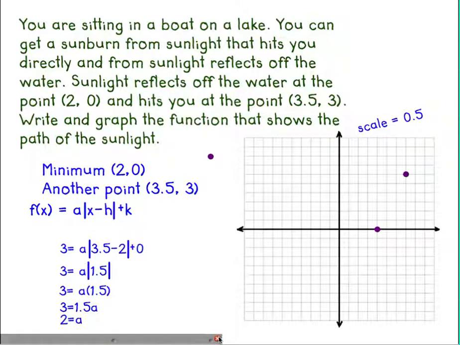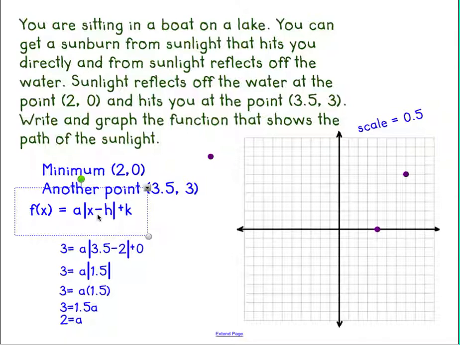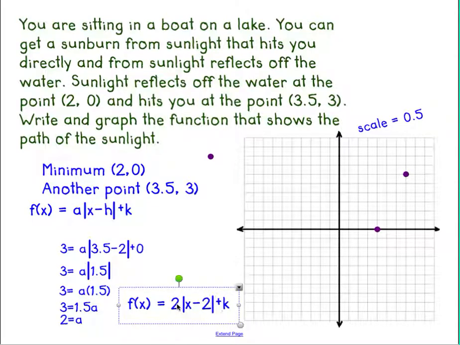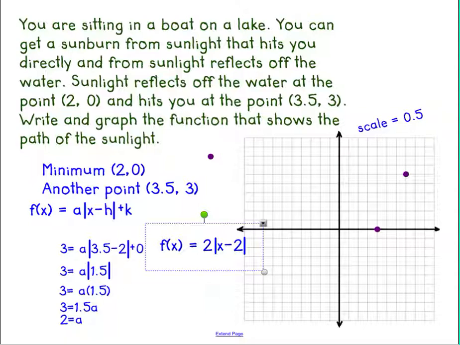So the function should be this here, and it will become, let's see, your A will be a 2, and your H will be a 2 as well, different 2's, and then you don't have a K because it's 0. So this is what your function will look like, and when graphing that, it's going to look like this.